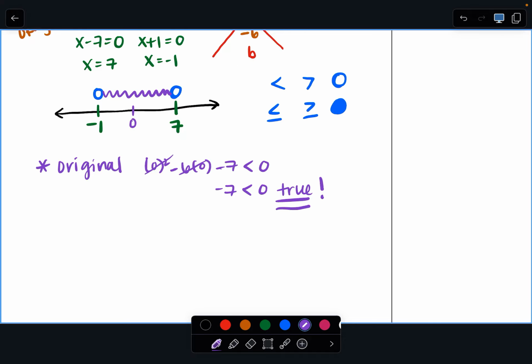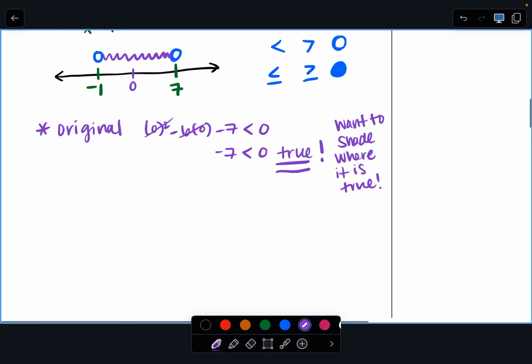And just to make a little note here, you want to shade where it is true. So in this case, it's true. I'm shading inside.